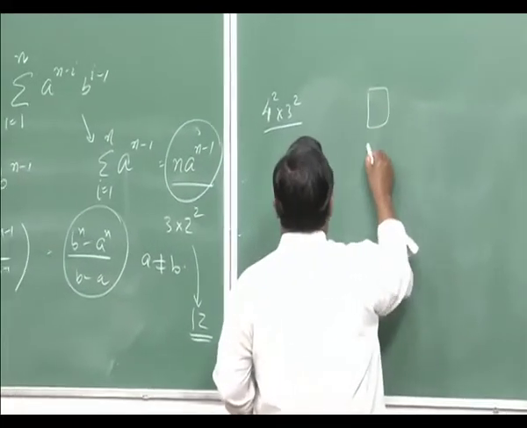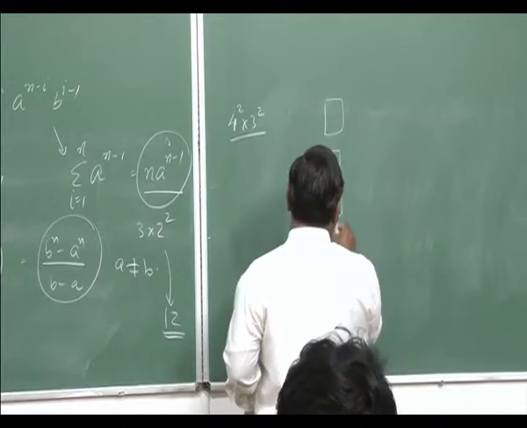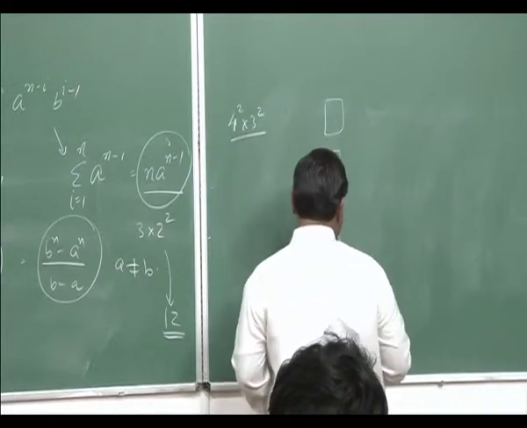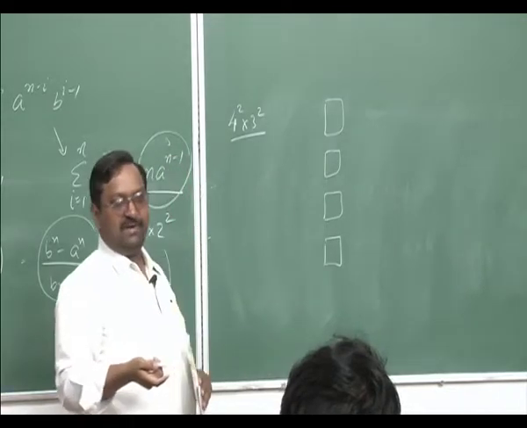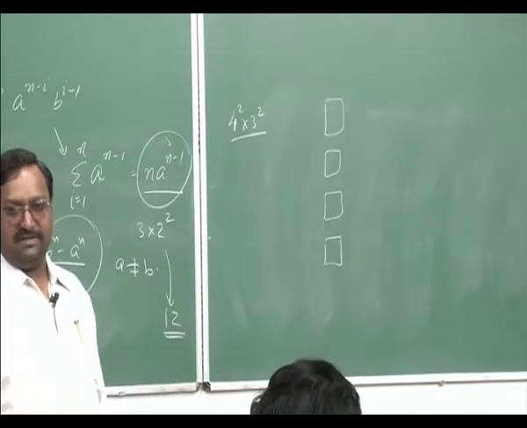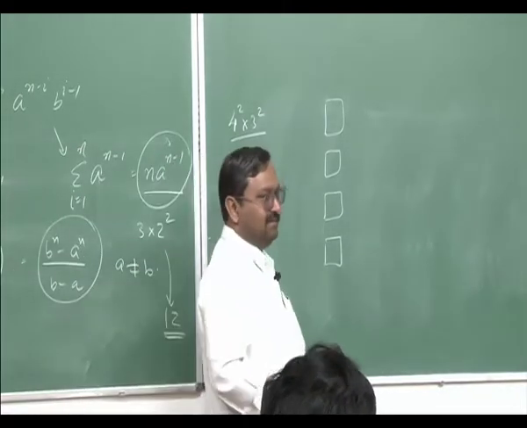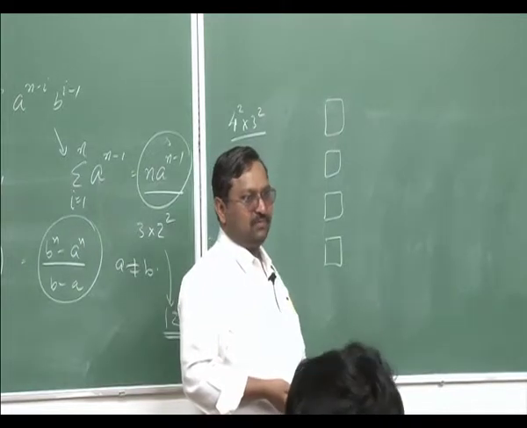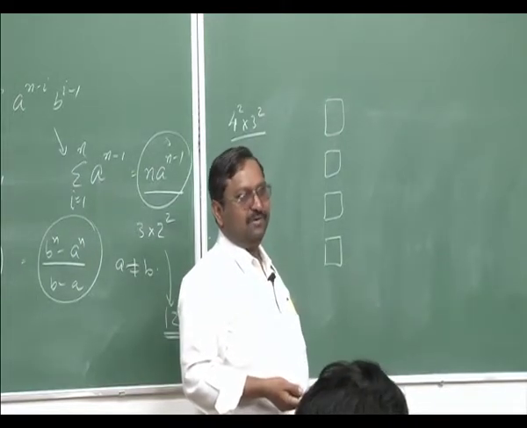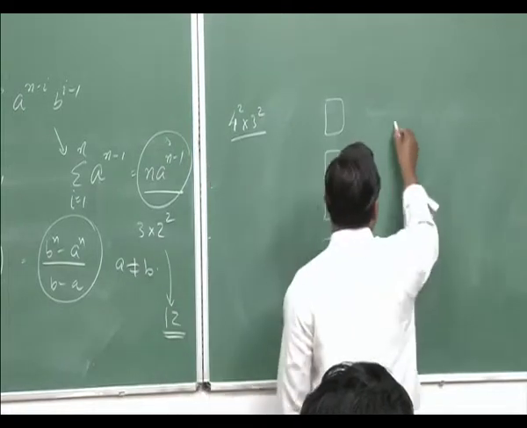So, I create this, and I require 4 raised to the power n minus 1, that is 4, modules of 4 by 3 in the first stage. In the second stage I will require 4 into 3 is 12, 12 divided by 4, so I require 3 more modules.